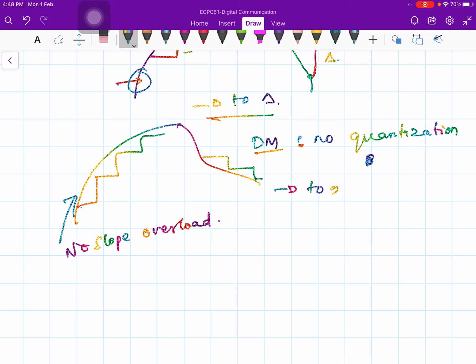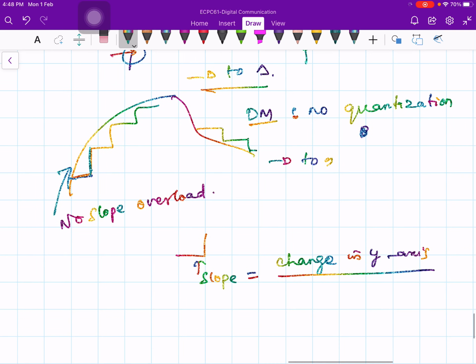See, this is the width and this is the height. So you have it like this. What is the slope of this? Slope is equal to the change in y-axis, right? Infinitesimal change in y-axis divided by infinitesimal change in x-axis.